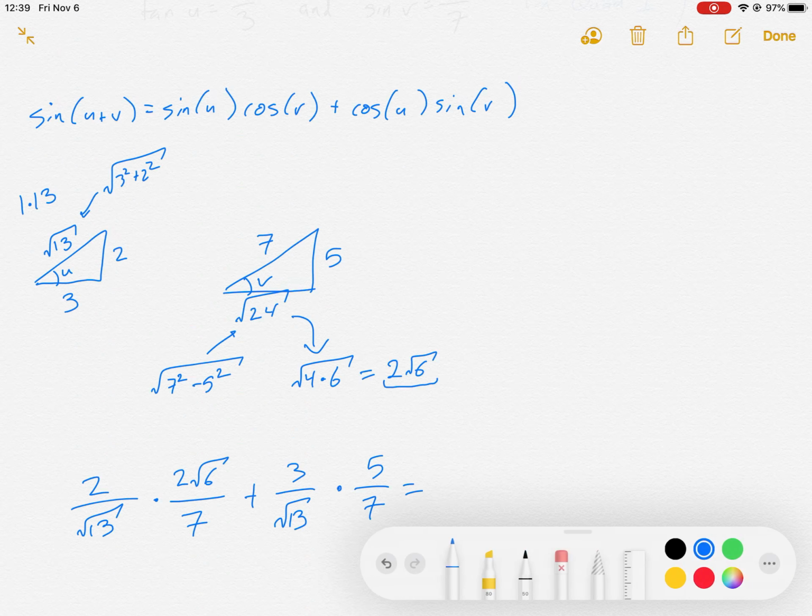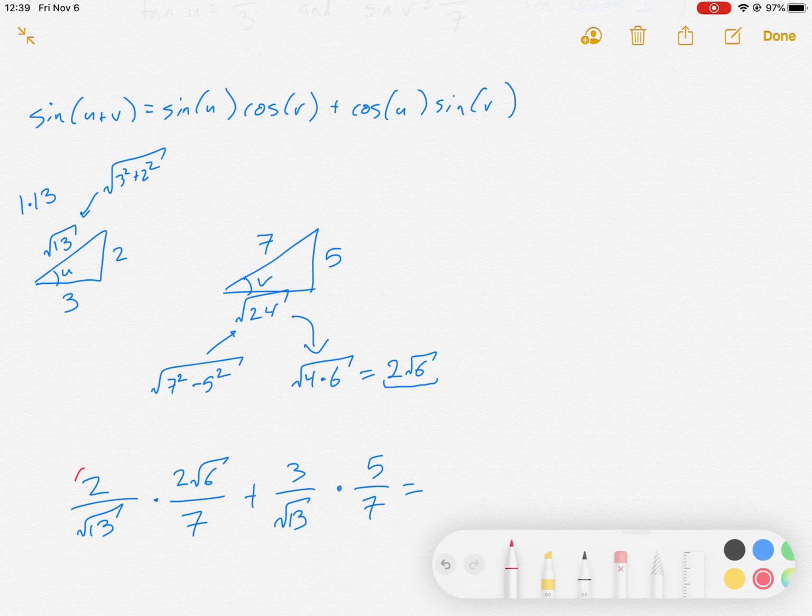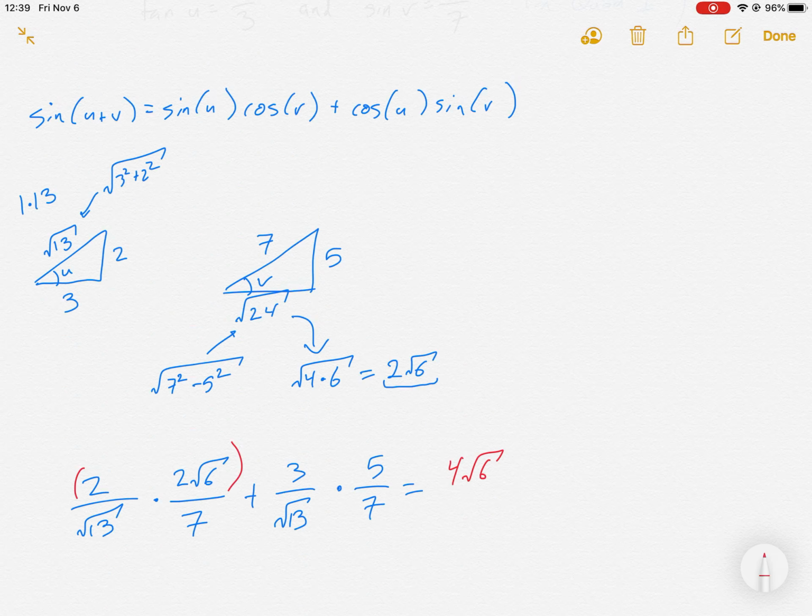Now let's talk about what happens. There's a 2 times 2 root 6. Well, that's going to work out to be just 2 times 2 is 4, and then the square root of 6 cannot be simplified or changed. It's just 4 times the square root of 6.